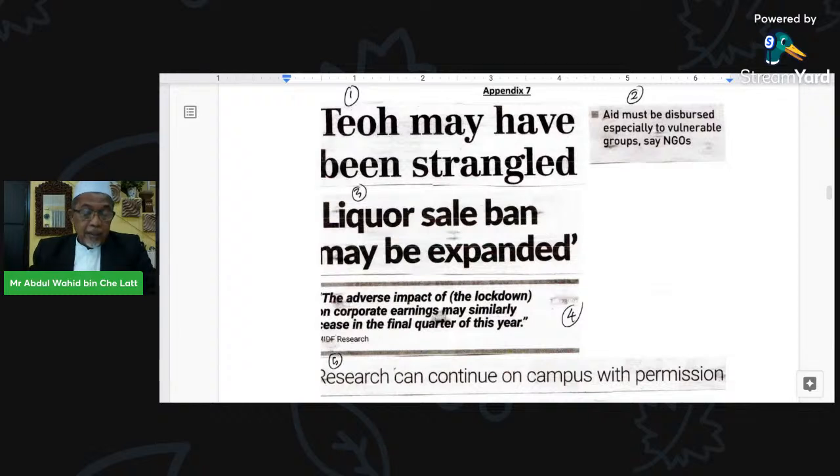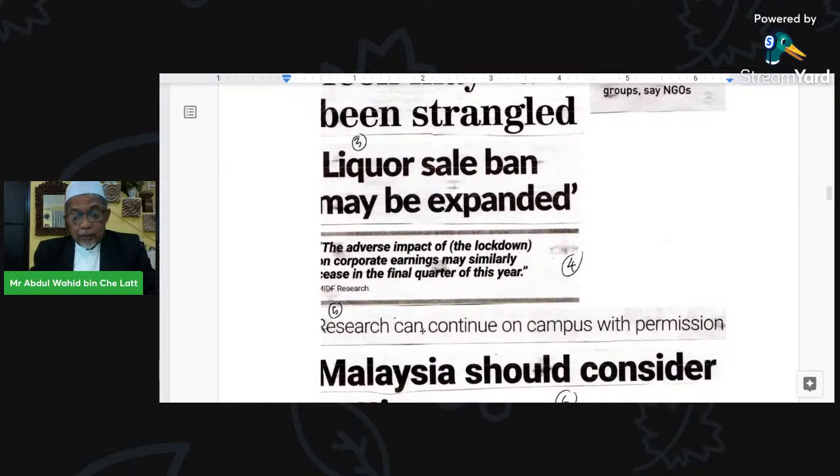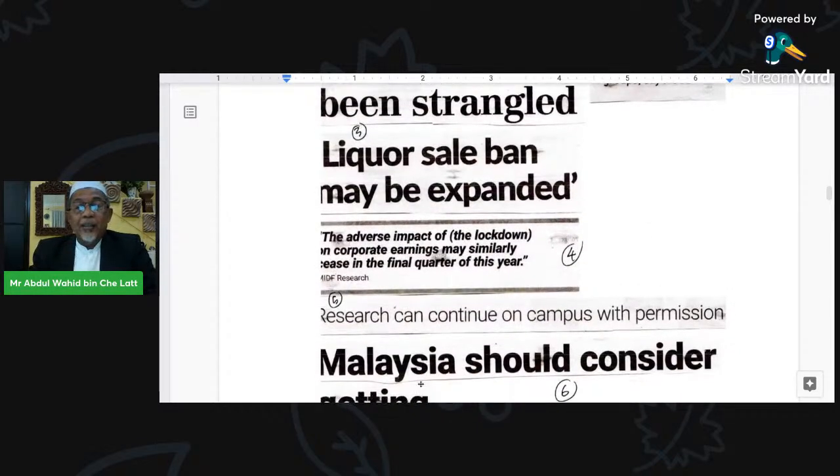Extract 4. The adverse impact of the lockdown on corporate earnings may similarly cease in the final quarter of this year. So may cease. May starts the verb phrase with a modal, therefore it is an argument. Extract number 5. Research can continue on campus with permission. Okay, can continue.